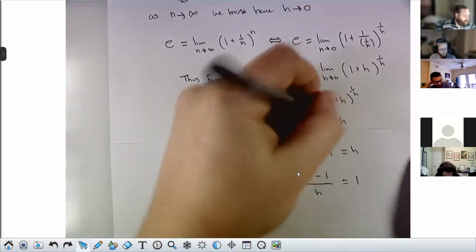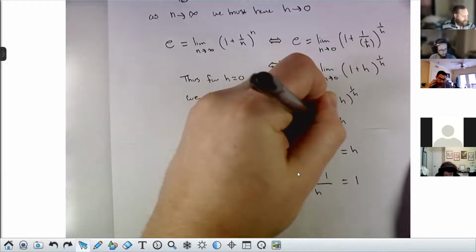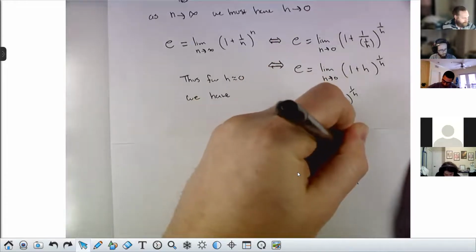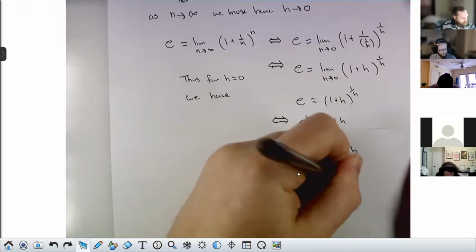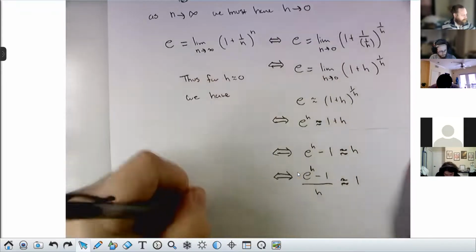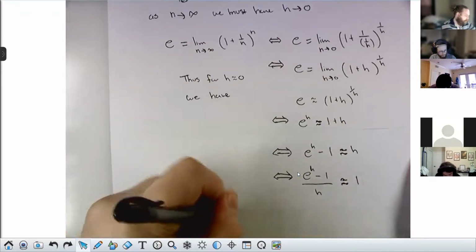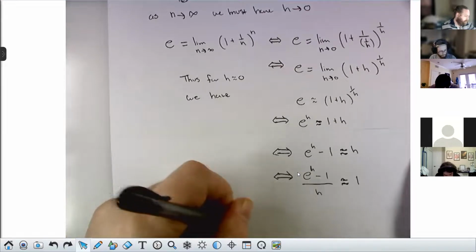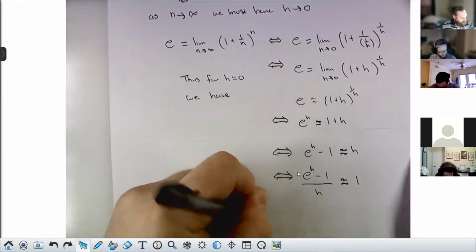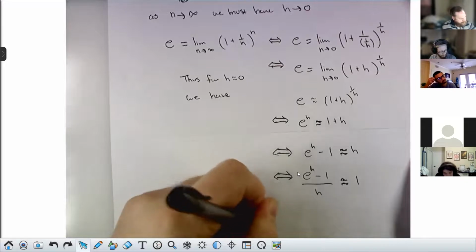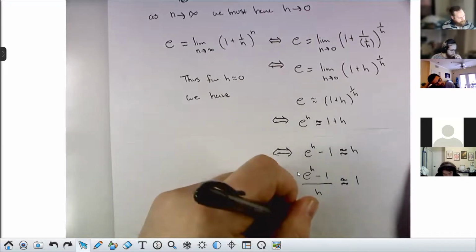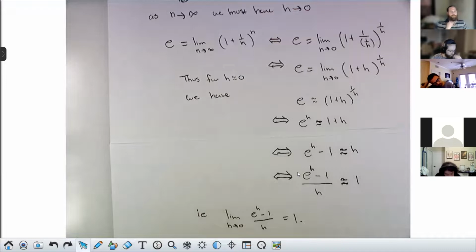And I guess these should all be shaky equal signs, approximately equal to. And this is all assuming that h is very, very close to 0, i.e., the limit as h goes to 0 of e to the h minus 1 over h is equal to 1. And that completes the proof.